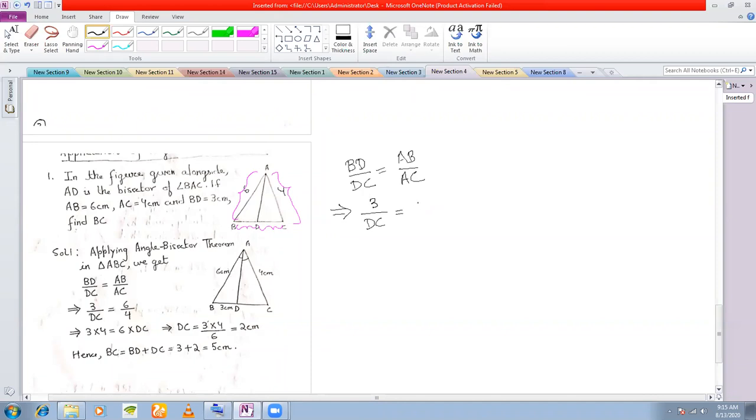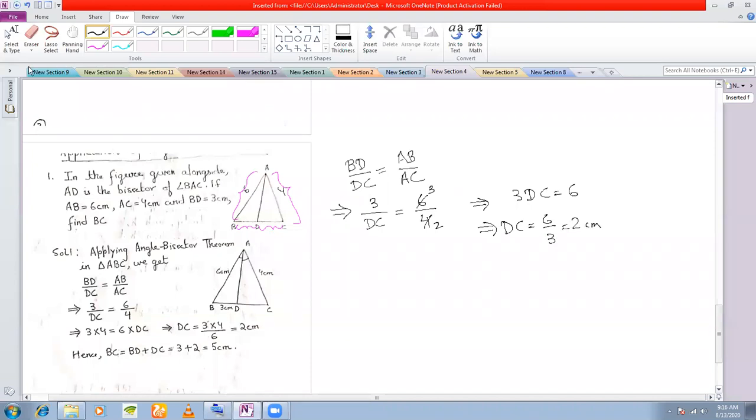BD by DC, we have to find out, AB is 6 and AC is 4. So now you can cancel this, 3, 2. So 3 times DC is equal to 6. That means DC is equal to 6 by 3, which is 2 centimeters.